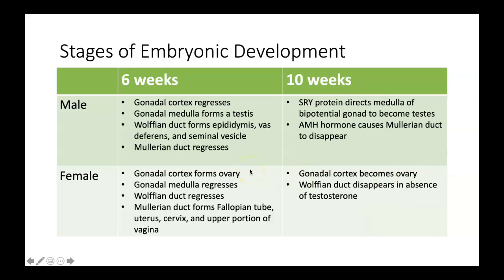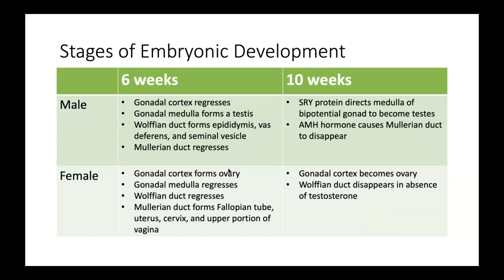All right, so these are just some stages of embryonic development in terms of weeks. For a male embryo at 6 weeks, the gonadal cortex regresses, and in the female, the gonadal cortex will form an ovary at 6 weeks. The gonadal medulla in a male embryo will form a testes, and then in the female, the gonadal medulla will regress.